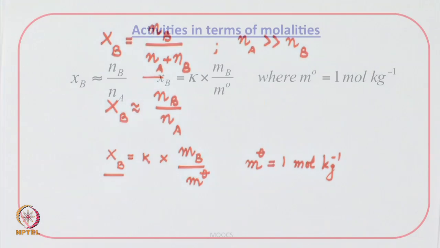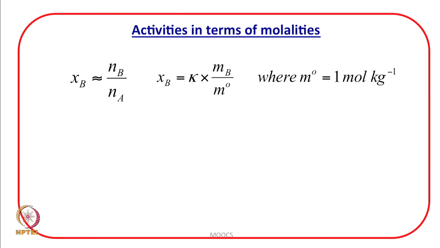Let us go back to the slide now. Mole fraction is approximately a ratio of n B by n A, as we just discussed. So, I can express mole fraction in terms of molality by this expression, where m naught is 1 mole per kg. And now, what will be the expression for mu B?